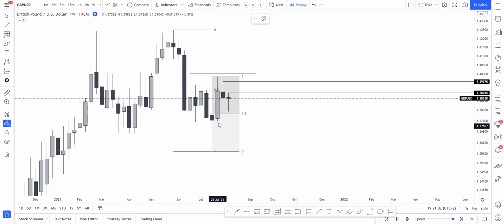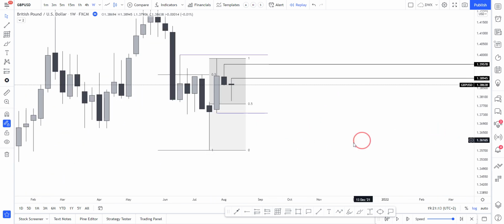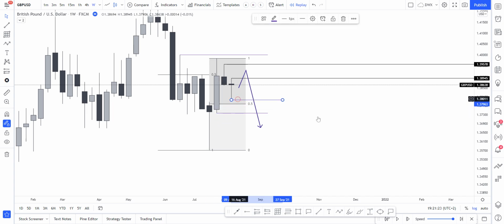What is on the downside? There is another previous weekly low, and we have all of this on the weekly time frame to potentially get filled. We'll see how the week goes, but we could potentially first take the liquidity on the upside and then move down lower, taking the liquidity below this low and this low.